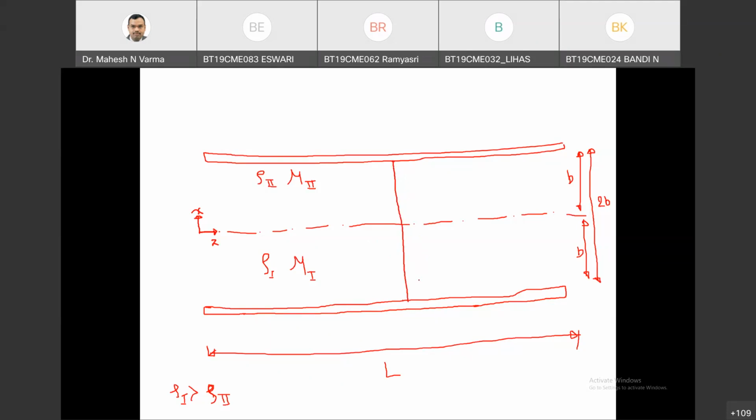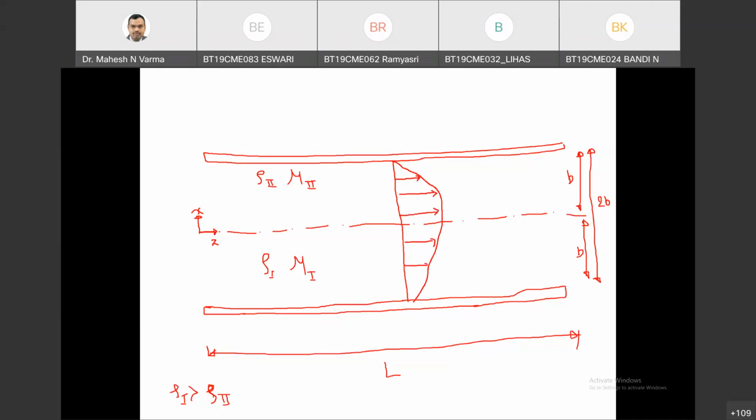Sir, it will be the upper region. Okay, in the upper region. So it will go maximum like this. So this will be the velocity profile. Is this correct? Yes, sir.